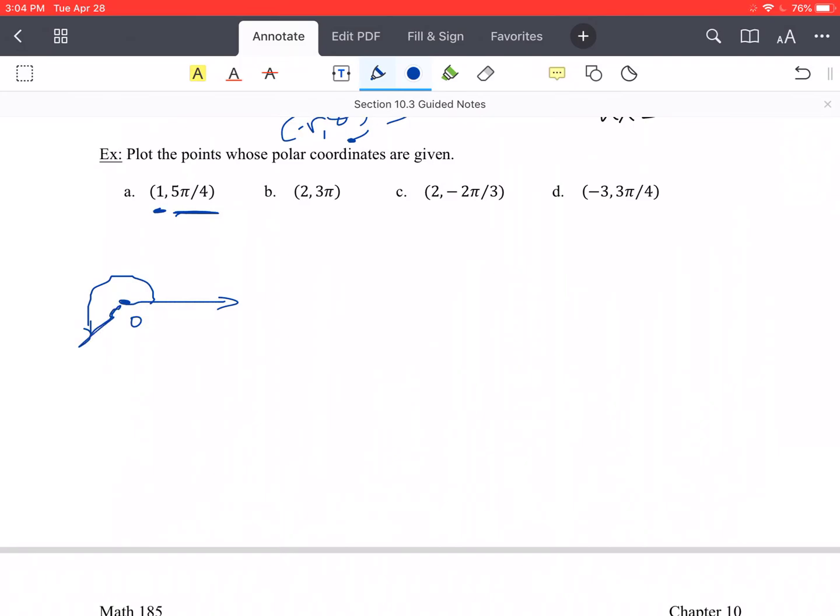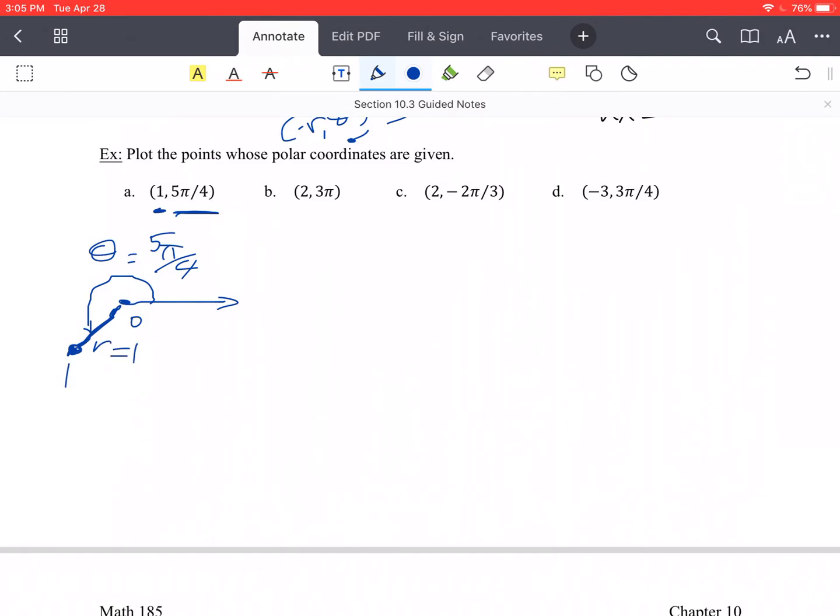And so we have this line right here and that point right there. Okay, so this is going to give us, so here's our theta is 5 pi over 4. Okay, and then our r value is 1.